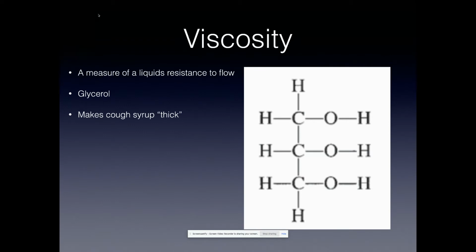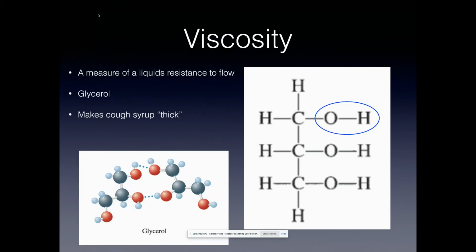Now, glycerol has 3 of these OH groups, which can give rise to an awful lot of hydrogen bonding. And that's what makes the molecules less likely to flow past each other, more likely to be attracted to each other, and that gives it the thickness. You'll notice this in something like molasses or a high-quality maple syrup, maybe even something like a corn syrup.